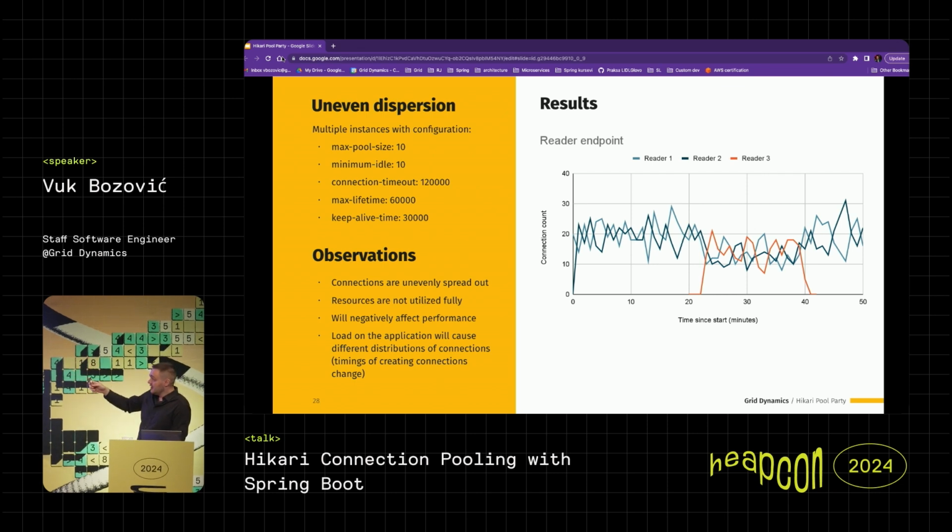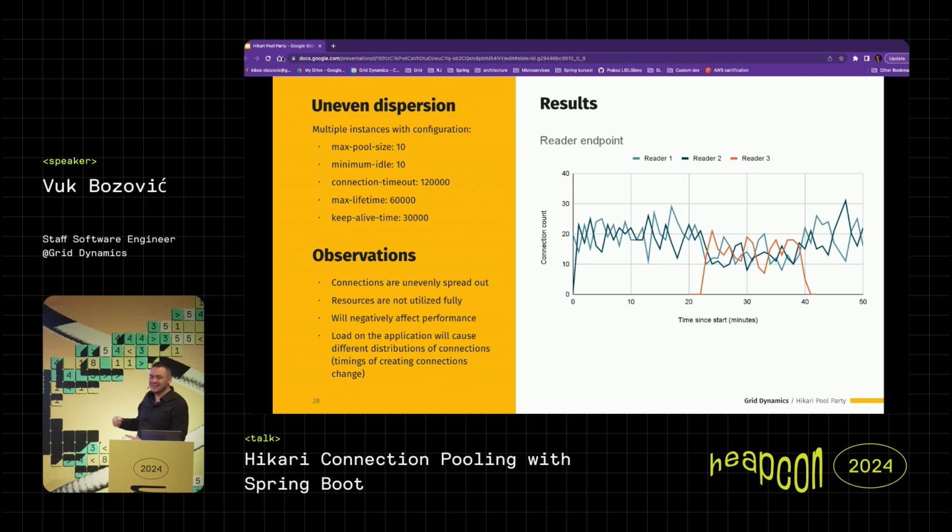As you can see in this graph, there are a lot of spikes. For example, there is one moment where reader 1 has around 30 connections, while reader 2 has closer to 10 connections. The picture doesn't improve much when reader 3 comes online. It then takes half of the connections, while reader 1 and 2 have around 10 connections each.